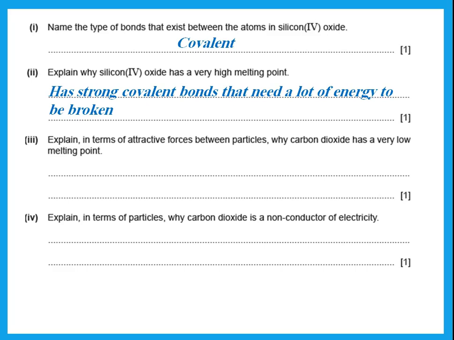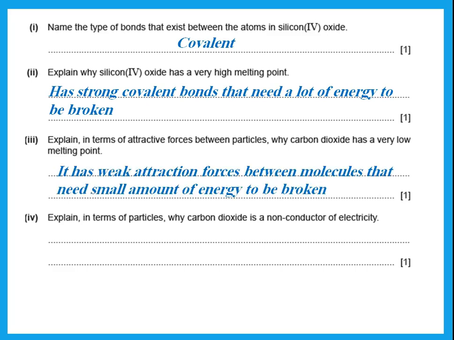We just said if something has very low, that means it has weak attraction forces between molecules that need a small amount of energy to be broken. Explain in terms of particles why carbon dioxide is a non-conductor of electricity, because it has no ions and no electrons.